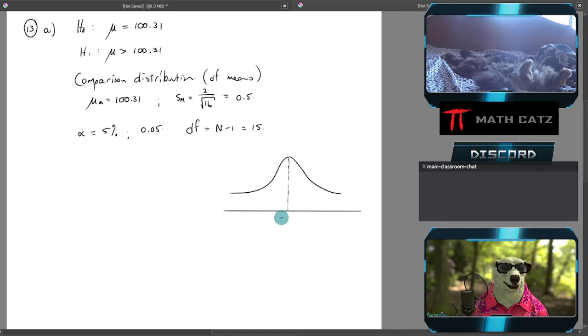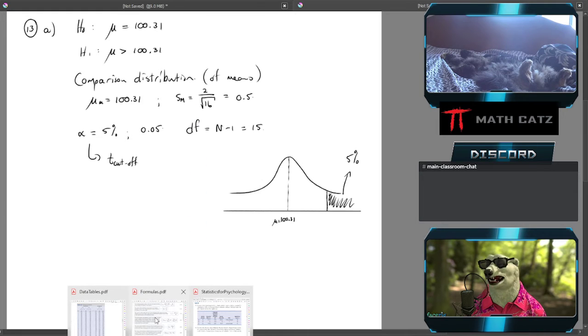So we have here our 100.31, our mu, and we are looking at, maybe a vertical line would be good here, some cutoff that would produce 5% in the tail. What is that cutoff? We'll call it T cutoff, because this is a T distribution as soon as I have to approximate the standard deviation.